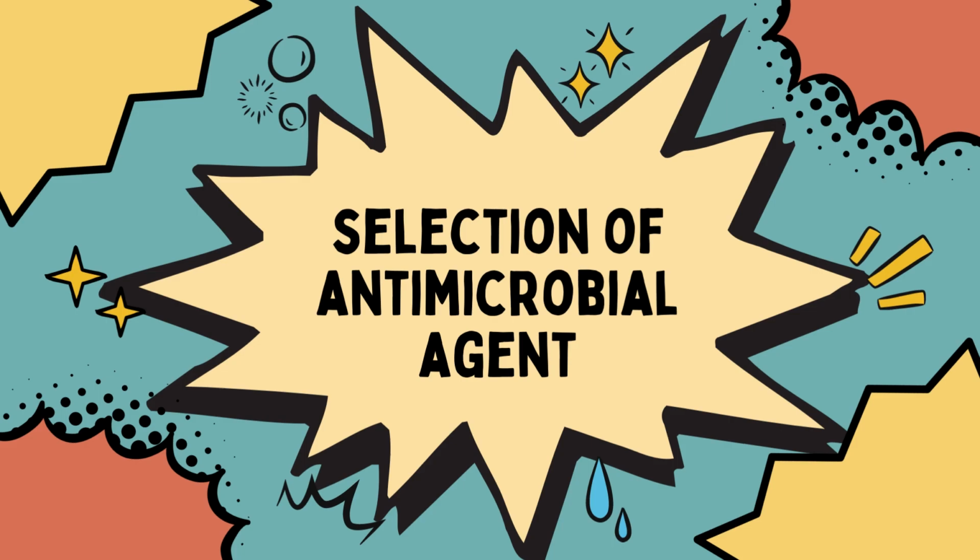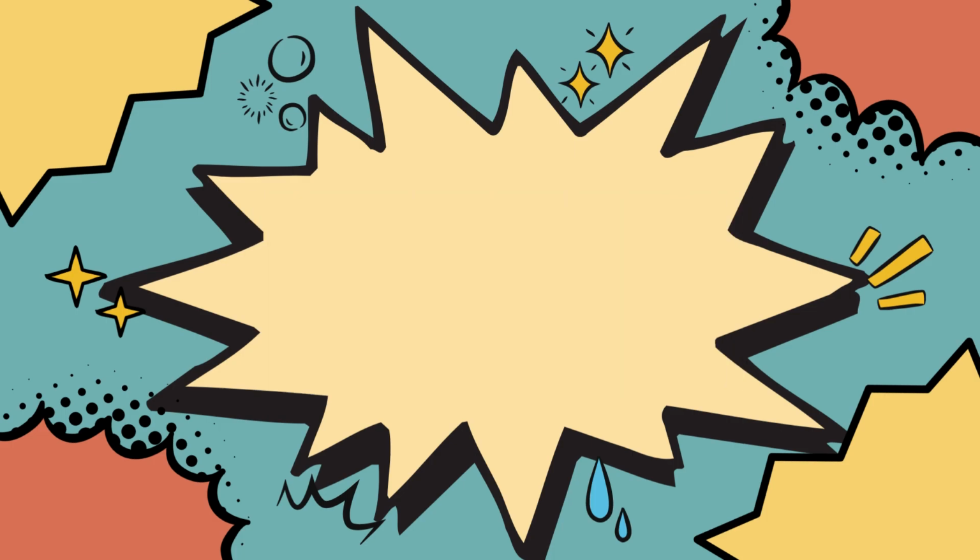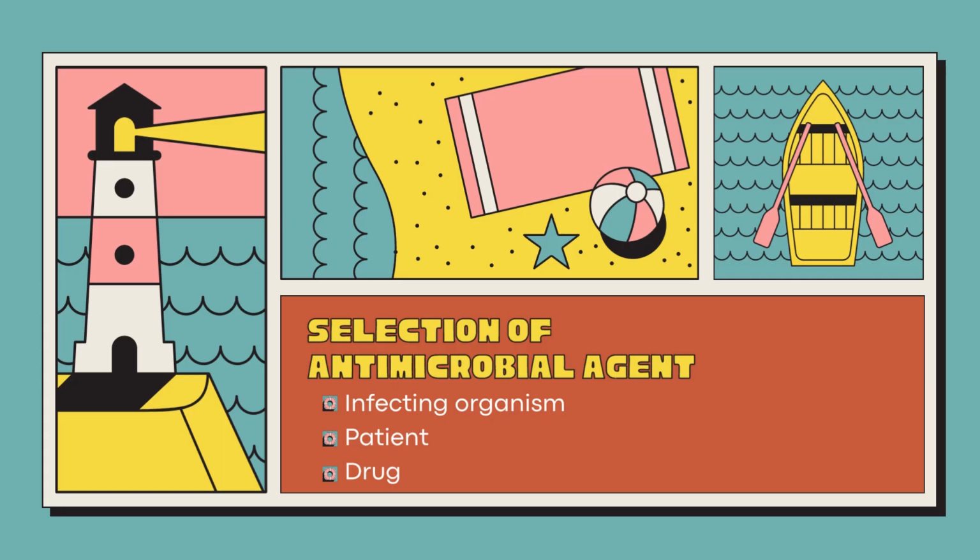Now that we are done discussing the different principles in chemotherapy, we are moving on to the selection of antimicrobial agents. The choice of an antimicrobial agent in treating an infectious disease is based on the infecting organism, the patient, and the drug.